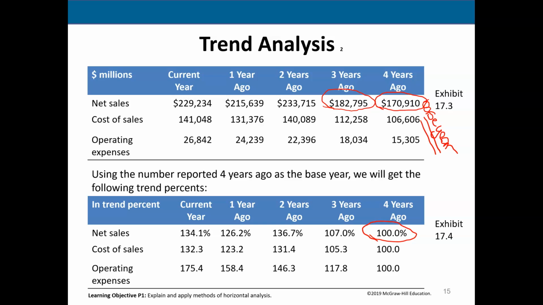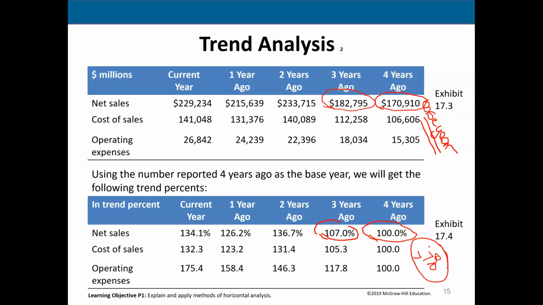If you take 182,795 and divide it by 170,910, you get down here 107%. So year 3, so 3 years ago, their net sales is 107% of the base year. Another way you can say it is it increased 7%.